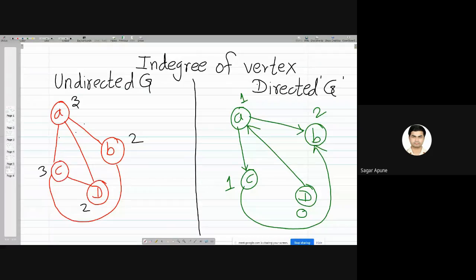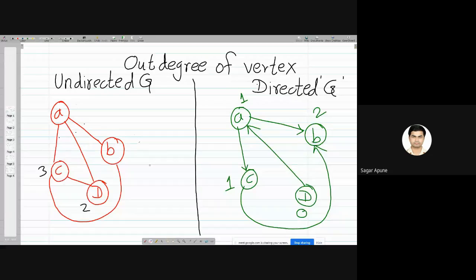Next one is out degree. So here I vanish it and here write down out degree. Now I want to calculate out degree of my graph. So tell me, what about undirected graph?